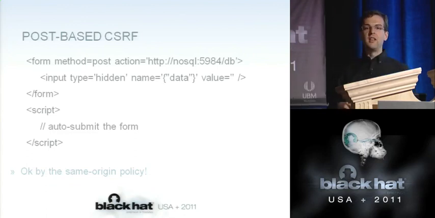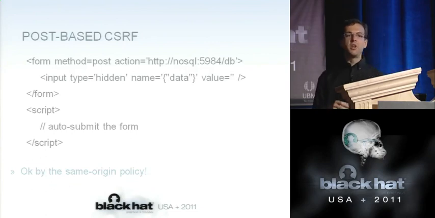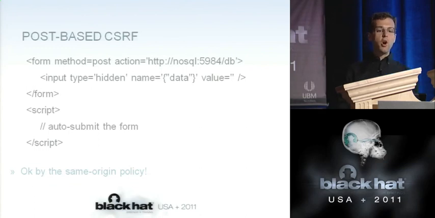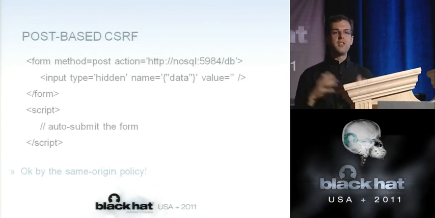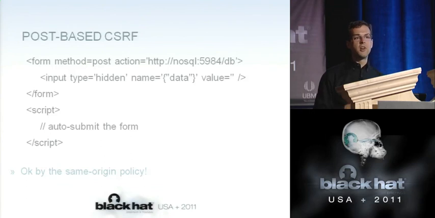I just put the data in the name field, and I use a little bit of script to auto-submit this form. So when you come to this page, your browser is going to make an automatic silent POST to NoSQL 5984 DB with the data that I specified. And this is fine by the same origin policy. Same origin policy has no problem with this at all. You can make cross-domain POSTs all day long.